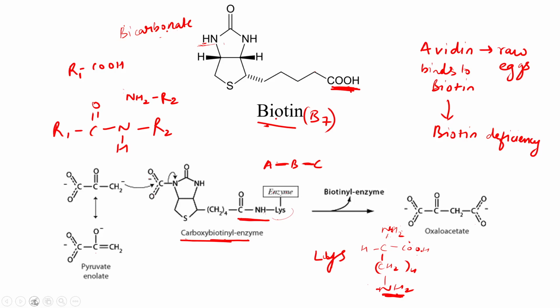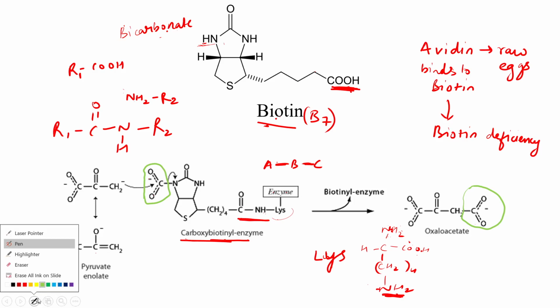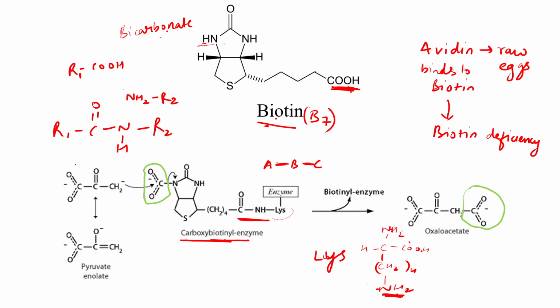So, the carboxyl group highlighted here with green is this particular carboxyl group. And this is the already existing carboxyl group of pyruvate.